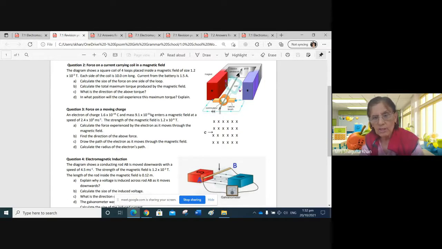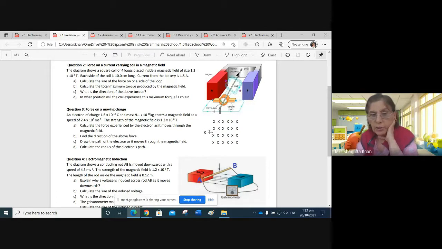Those charges are inside the wire, but here they are loose. So this electron will experience a force. To find the size of the force, the formula is F equals BQV. B is the magnetic field, Q is the charge, and V will be the speed.